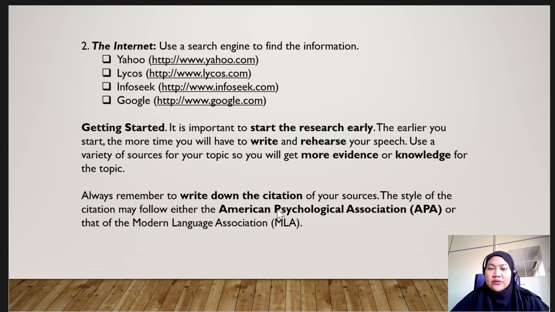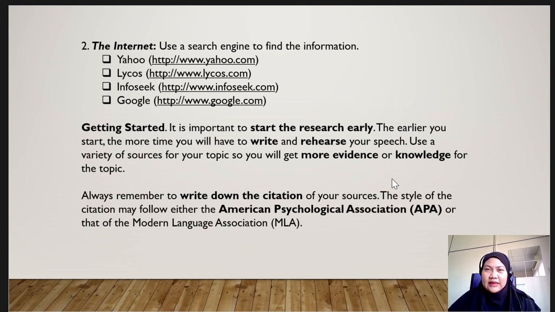Always remember to write down the citation of your source. It is important for you to follow APA format, that is American Psychological Association format, or Modern Language Association, MLA.